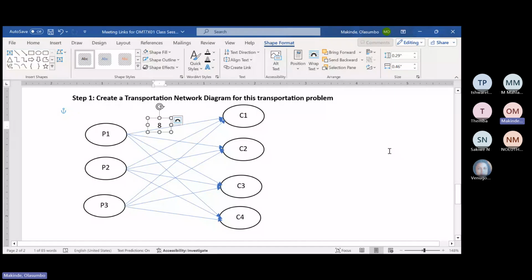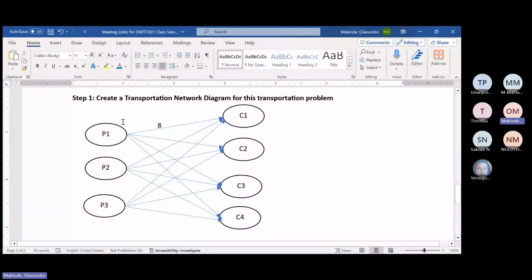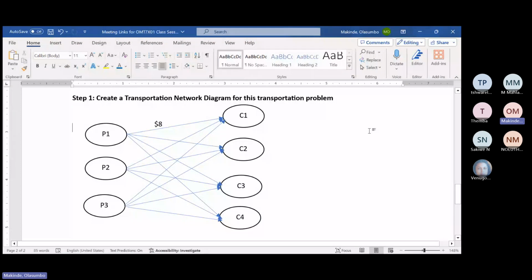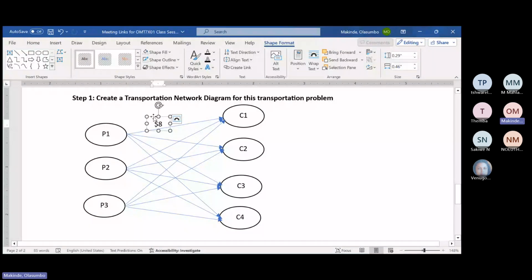So I can put it here, meaning that this is $8. Let me put a dollar sign so that you can relate it to the table. You put it anywhere around the arrow, so you can see that from plant 1 to city 1 is $8. So let's go again. I can quickly replicate, copy and paste.